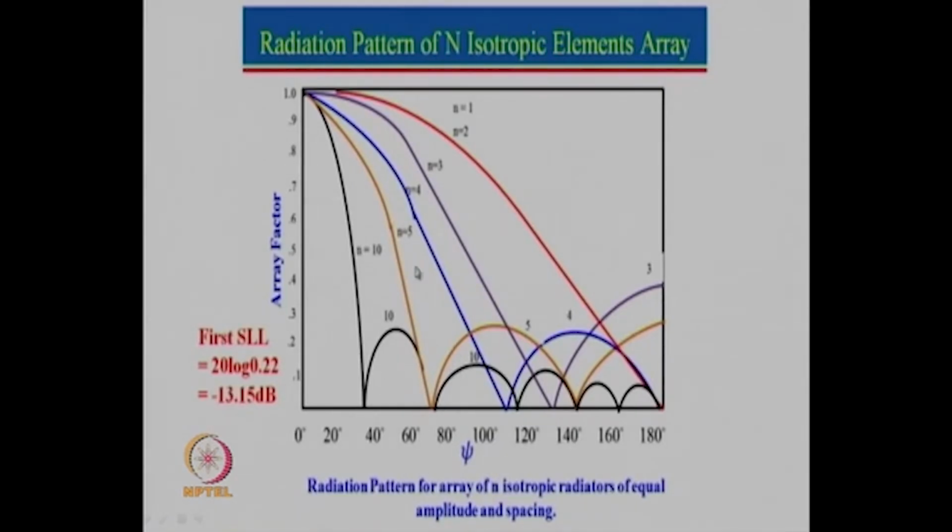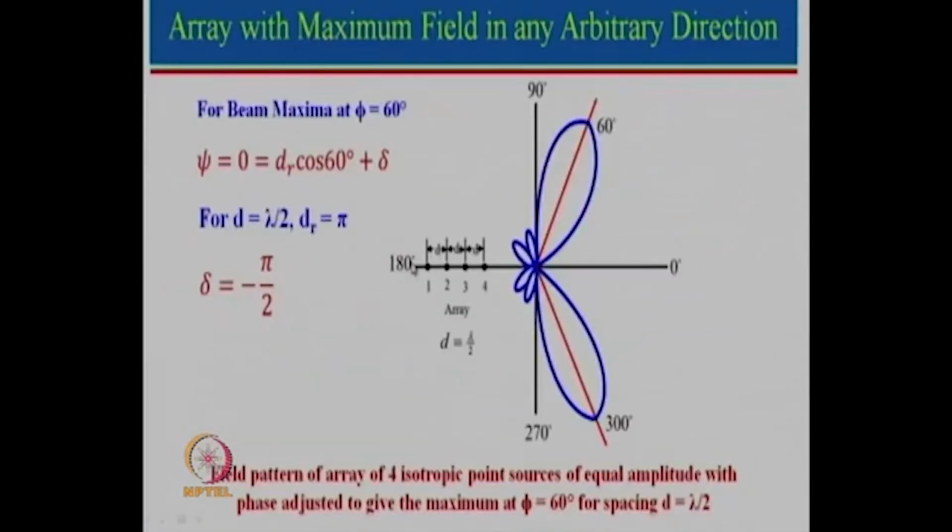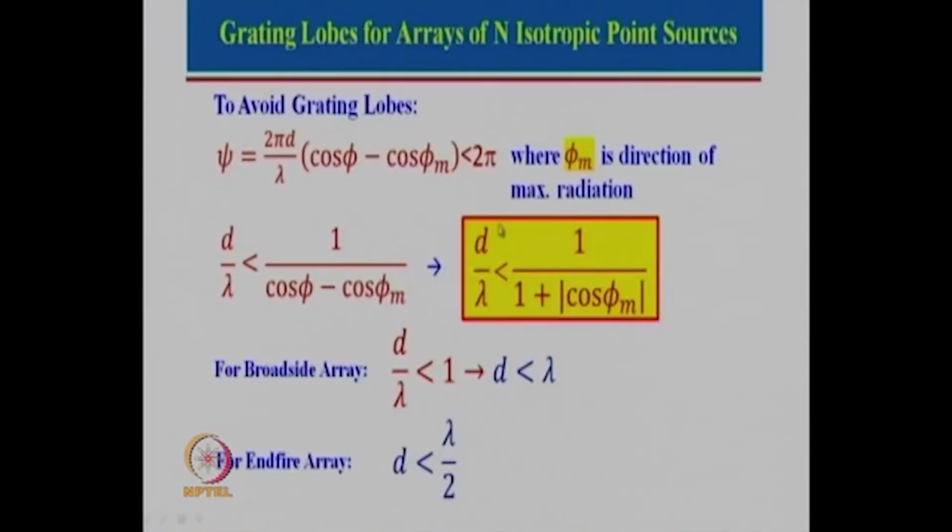So, if that value happens somewhere in this domain for some other value of phi, that can give rise to a grating lobe. We should always try that psi should not become 2 pi, because if psi becomes 2 pi, then again we will have a maximum radiation. That maximum radiation is known as a grating lobe. So, we need to avoid the grating lobes in all situations.